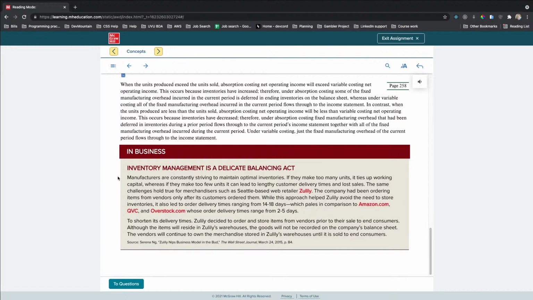Yeah, but to shorten its delivery times, okay, what this is referring to is something called drop shipping, which I'm surprised that they didn't actually name drop here. Drop shipping is when a supplier makes a connection with a vendor or a merchant, someone who either creates the product or also stores the product.